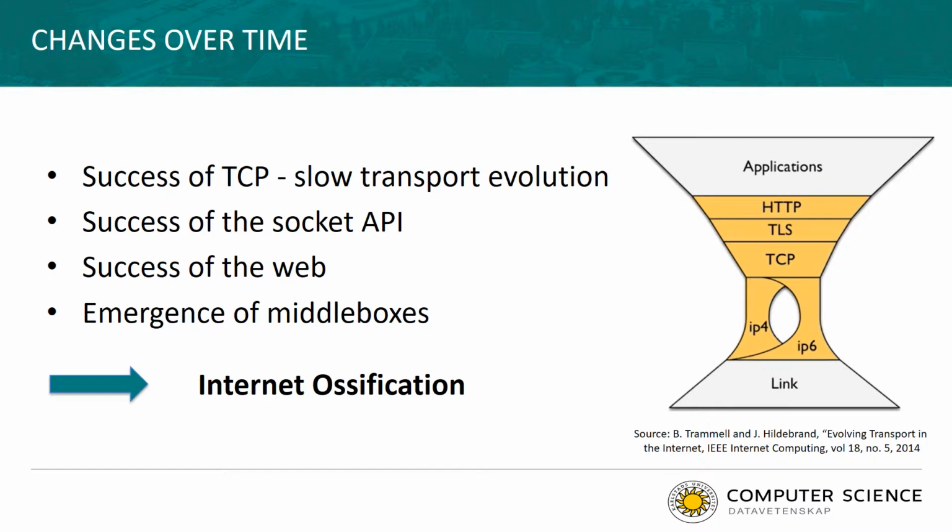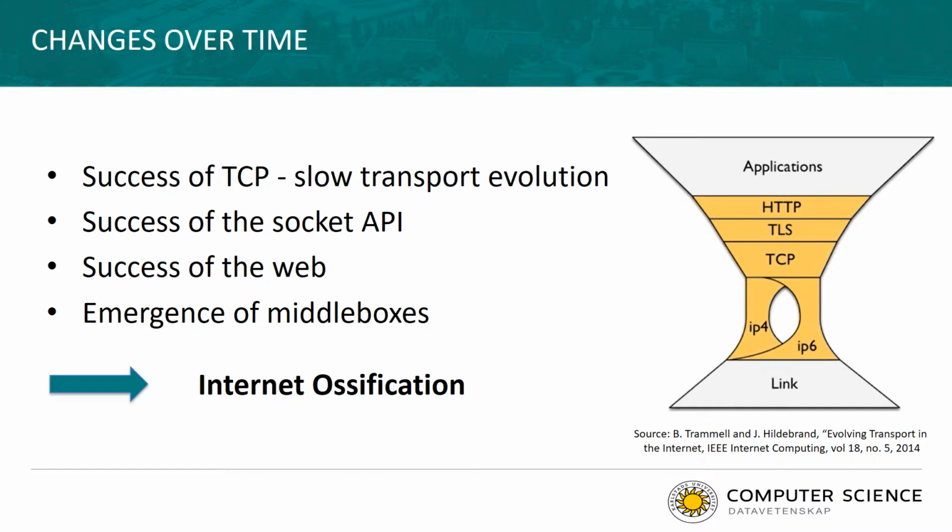So you may, for instance, have firewalls to provide security. You have network address translation to deal with the shortage of IPv4 addresses. You have various performance enhancing proxies and things that may accelerate your TCP communication or that try to optimize your web transport.